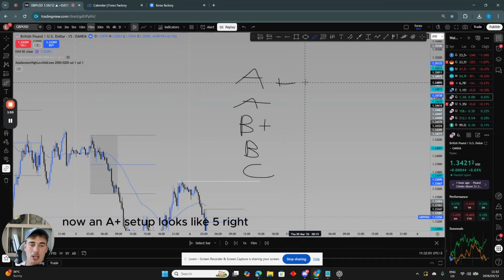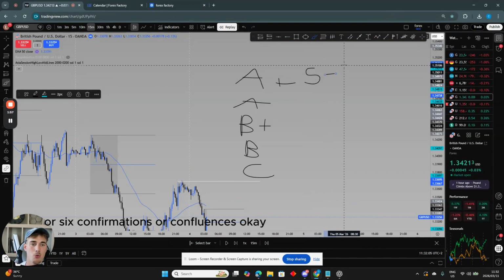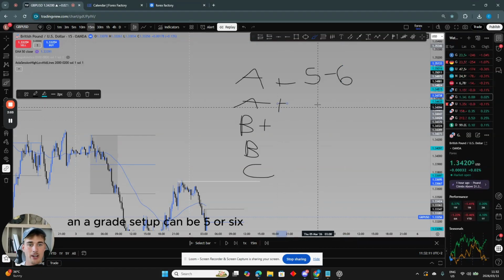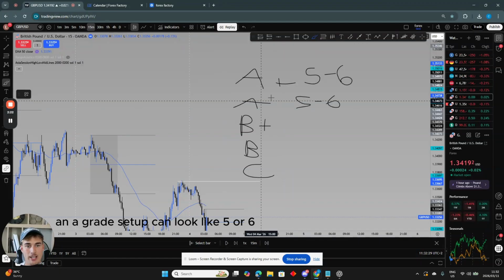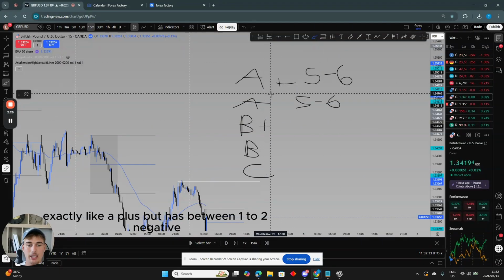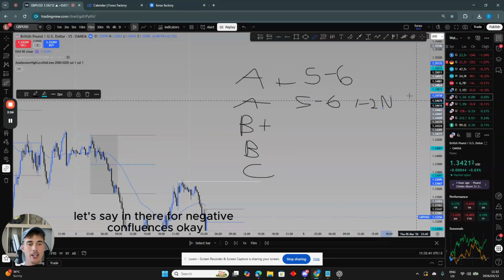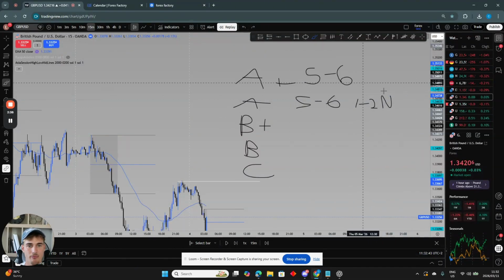Now, an A plus setup looks like 5 or 6 confirmations or confluences, okay? An A grade setup can look like 5 or 6, exactly like A plus, but has between 1 to 2 negatives in there, let's say, negative confluences, okay?